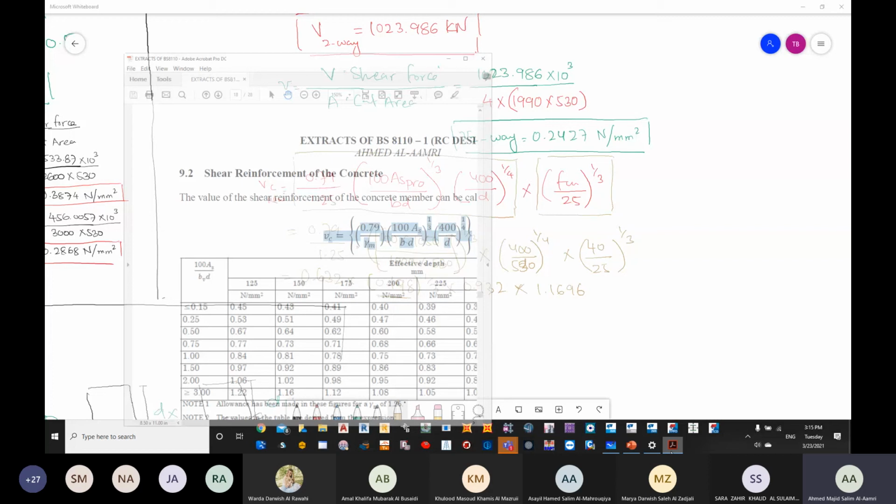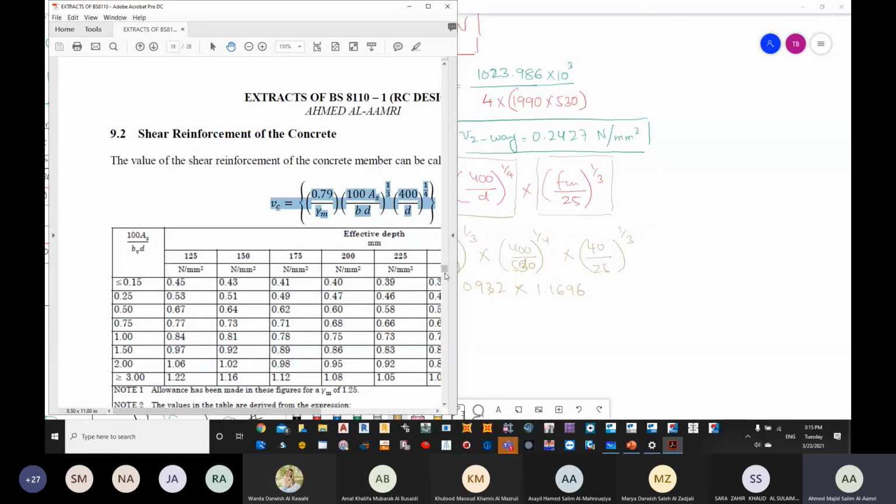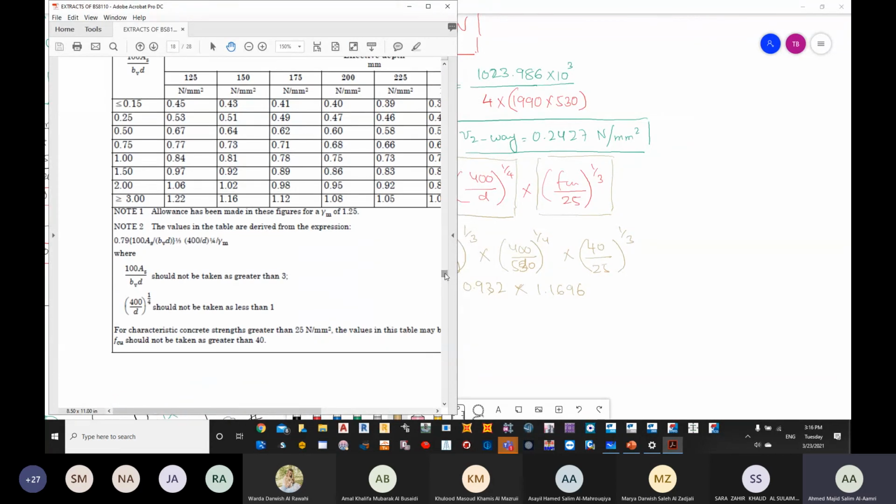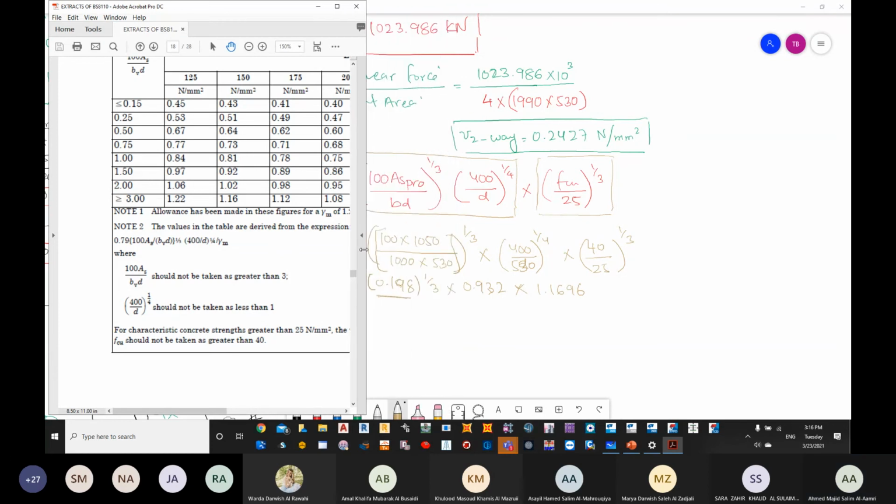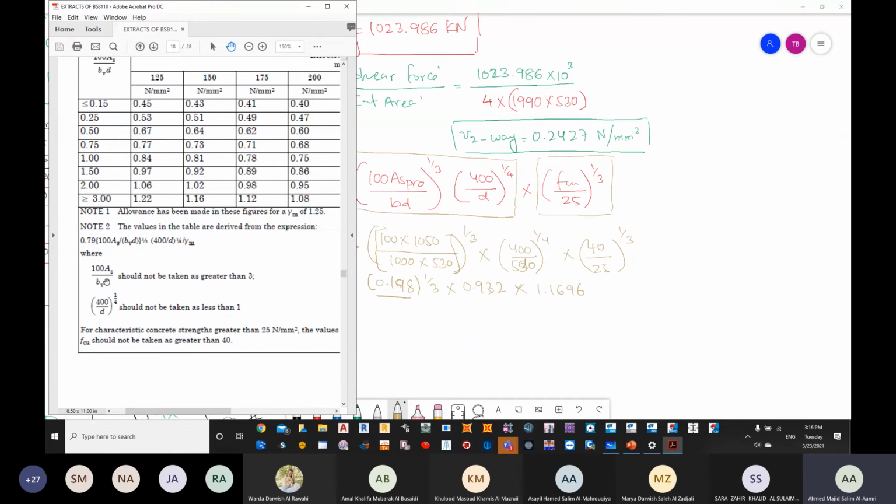Now, why I have told you in certain locations with the power, certain locations without the power, we are going to see the code. The code says for you here, 100 AS over BD, without the power, should not be taken as greater than 3.